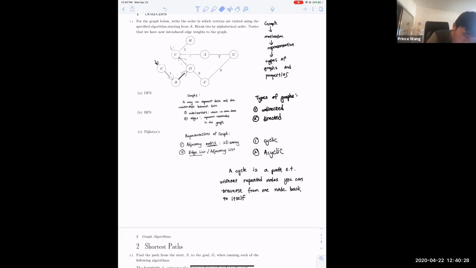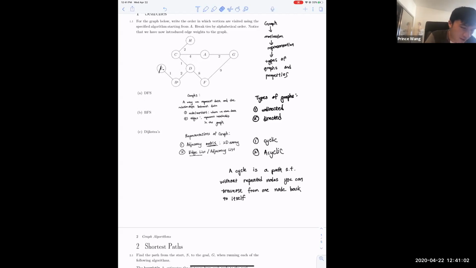So a cycle is such that you can go from one node back to itself, so from E back to itself, without repeated nodes. So what do I mean by that? E to B, B to D, D to C, C to E. But you don't count this E node twice, because that is the last node that you reach. All the nodes in between in this path are not repeated.